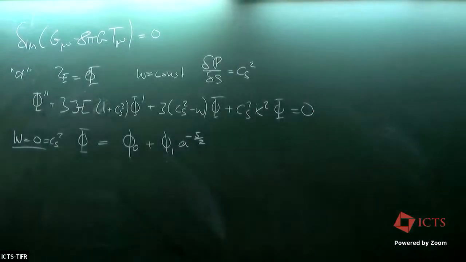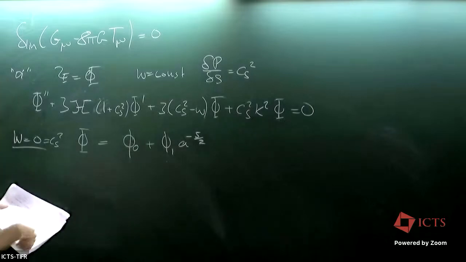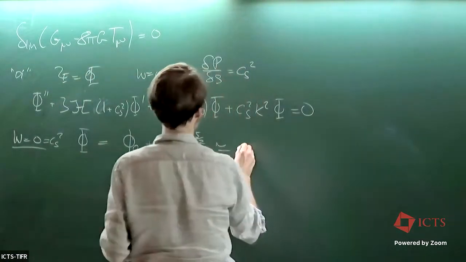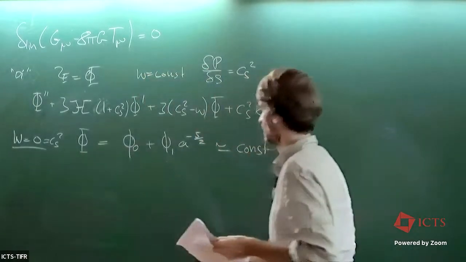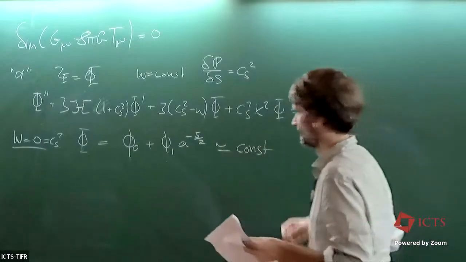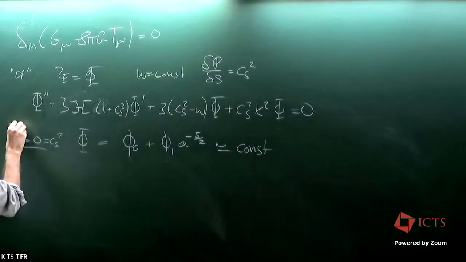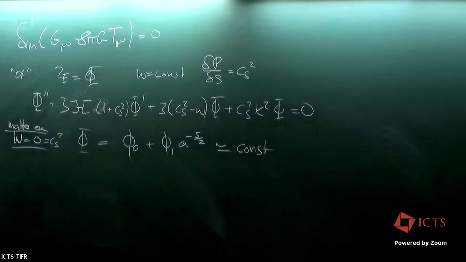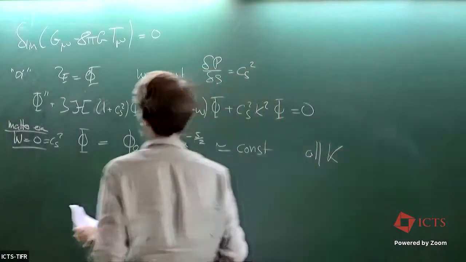If you assume matter domination, you also get a decaying mode, but that quickly becomes irrelevant because it has a negative power. So this is a constant after a relatively short time. This is one important observation about the matter era: the gravitational potential becomes constant during the matter era, and that is true for all k.